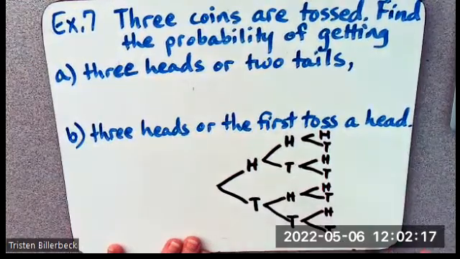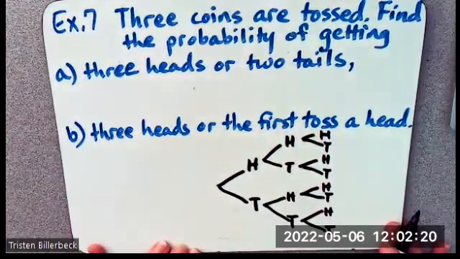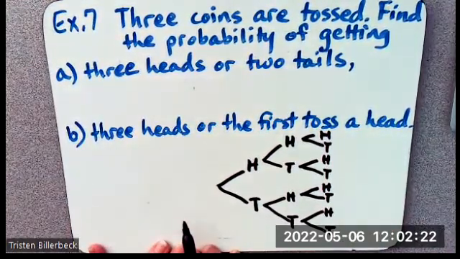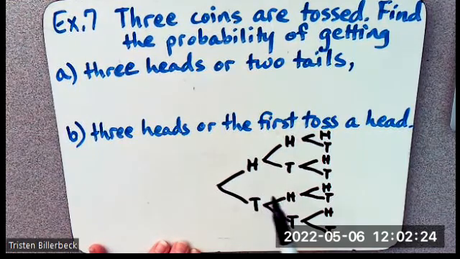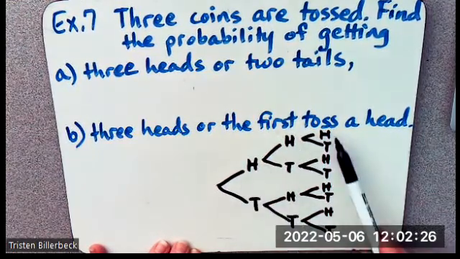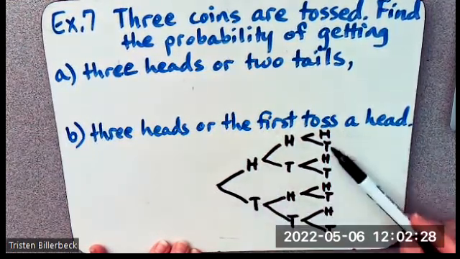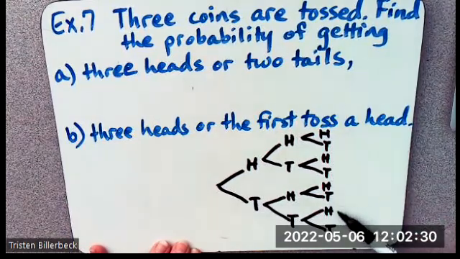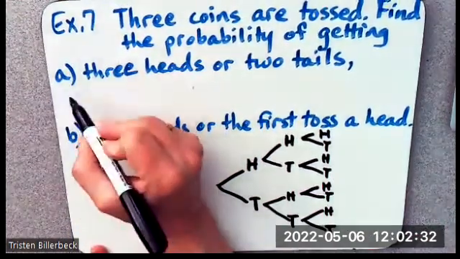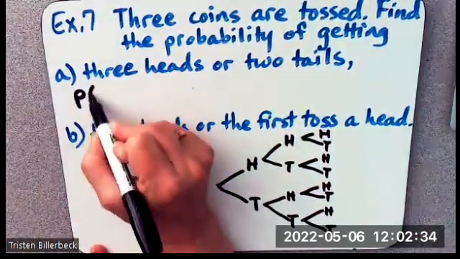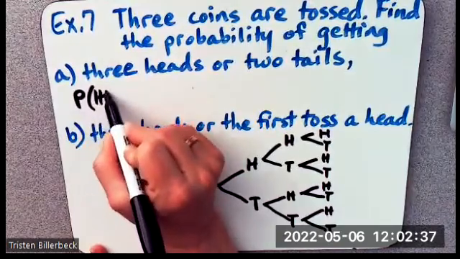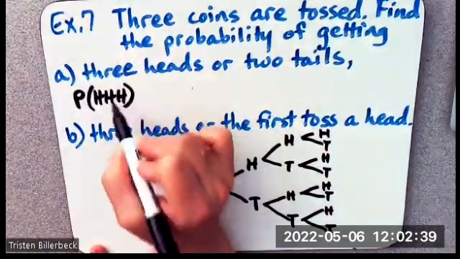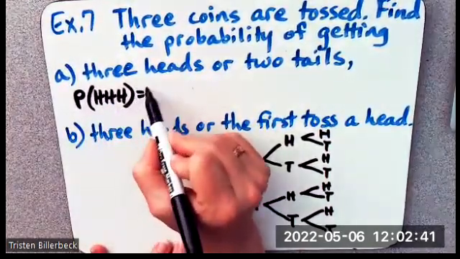So we're using a tree diagram to do this. So we want the probability of 3 heads. So 1 out of 1, 2, 3, 4, 5, 6, 7, 8. So the probability of HHH, which is 3 heads, is 1/8.